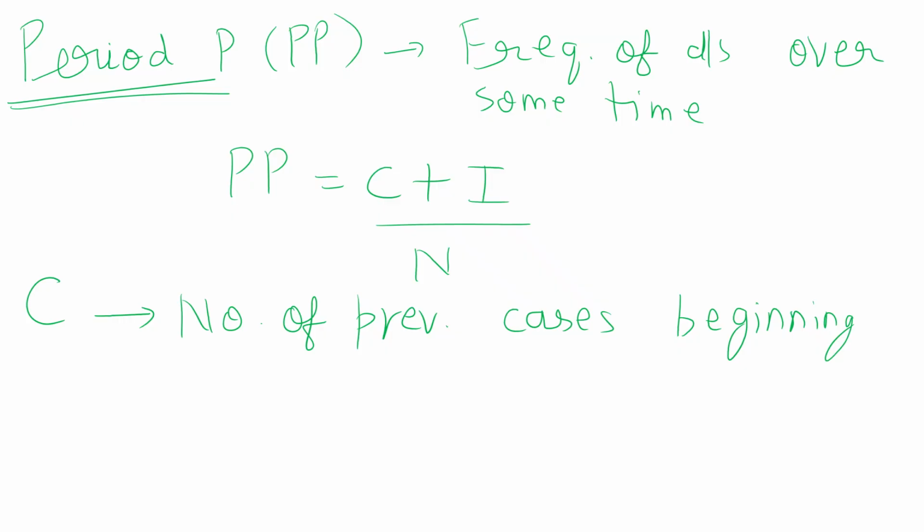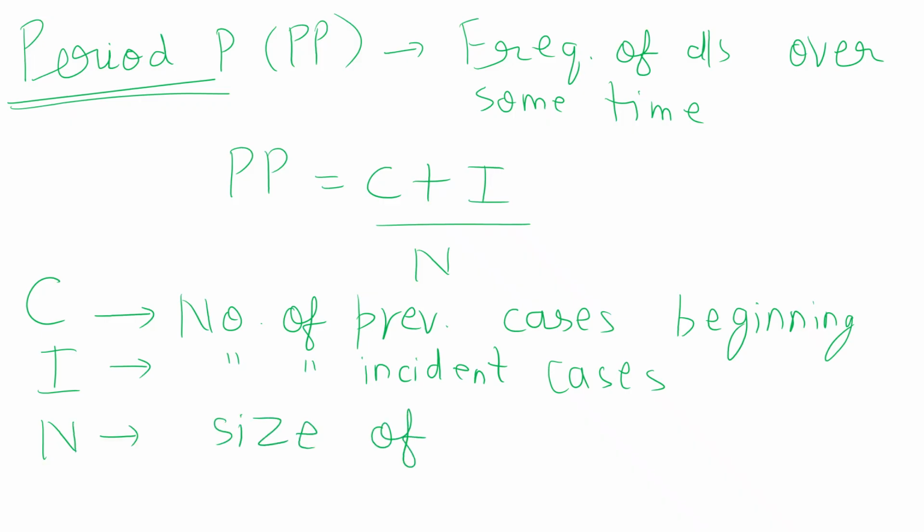I is the number of incident cases. I told you incidence is the number of newly detected cases, number of incident cases that develop during the period. And finally, N is the size of the population for this same time period, for this time period t.